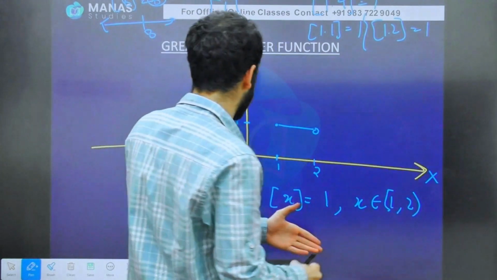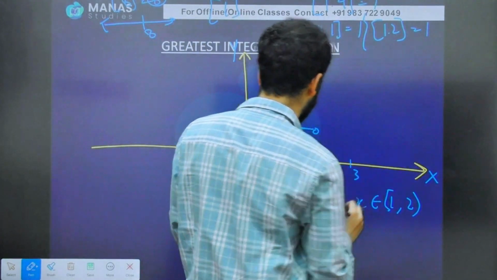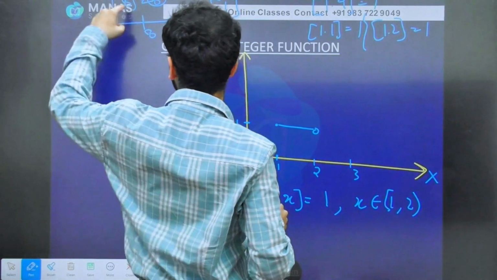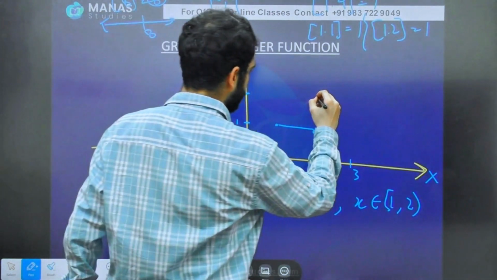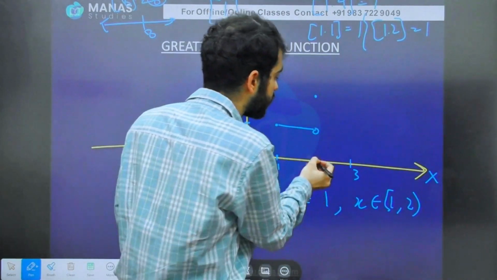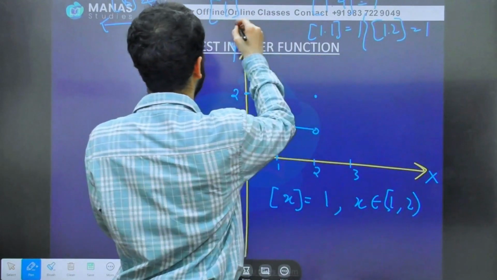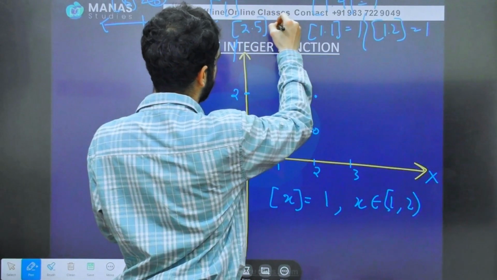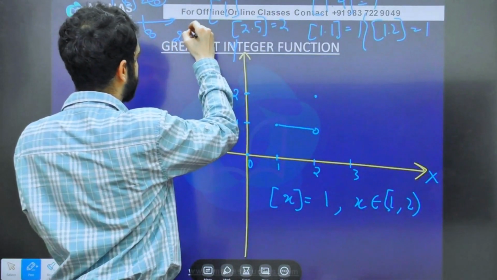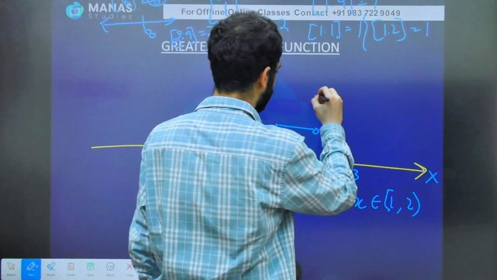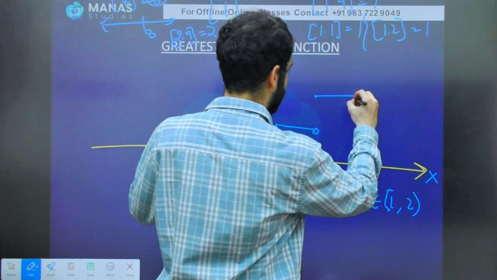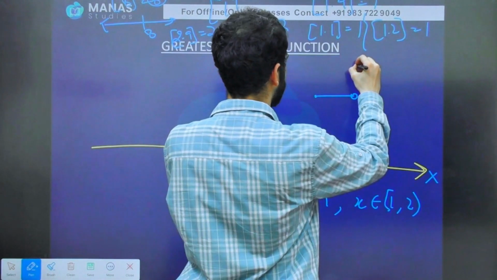Now let's look at another interval, from 2 to 3. If I input 2 inside GIF, because it's an integer, the output is going to be 2. If I input any value between 2 and 3, let's say 2.5, then GIF of 2.5 is going to be 2. GIF of 2.9 is also going to be 2. That means all the values between 2 and 3 are going to give the output as 2, excluding 3, because 3 is going to give us 3.